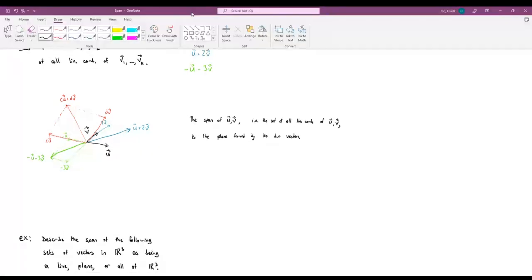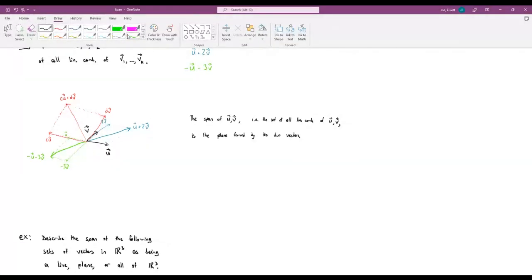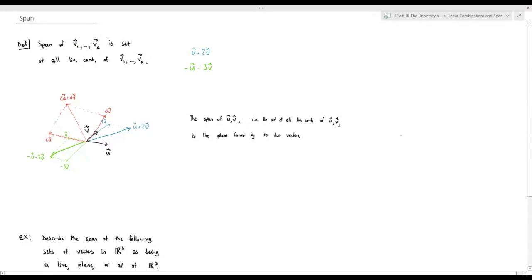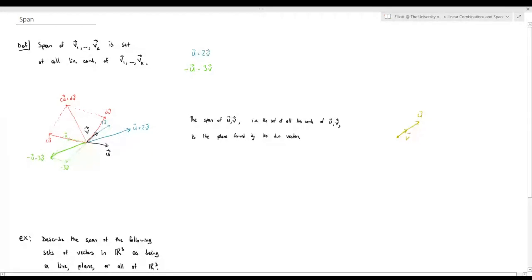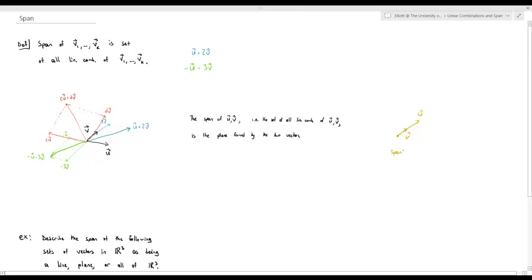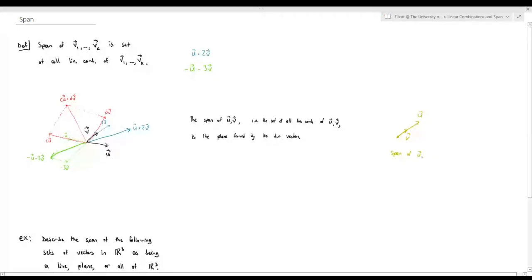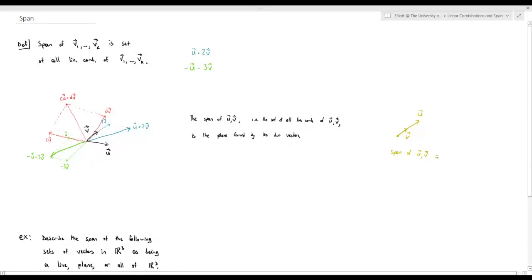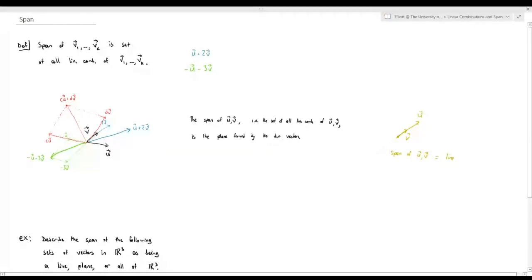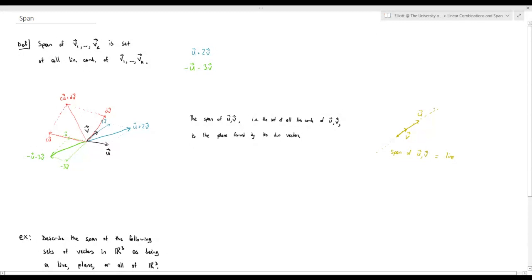But as an example, if you had a picture like this where the two vectors were collinear, so let's say that's u, and maybe this is v, in this case the span of the two vectors, rather than being a plane, would just be the line that the two vectors end up forming instead. So it's this whole infinite line that they lie on that would be the span.